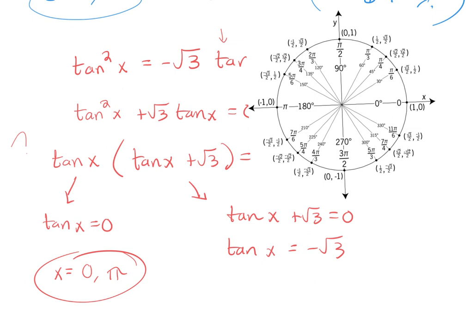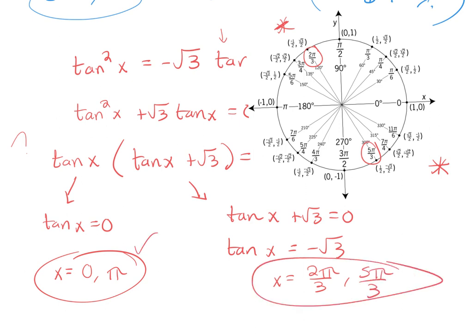So tangent, let's see, tangent is negative in quadrant 2 and 4. And then square root of 3 is at the pi over 3's, so here and here. So 2 pi over 3 and 5 pi over 3. So that original equation has these four solutions.